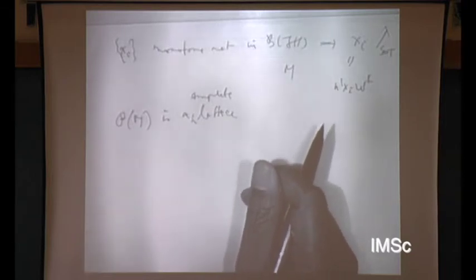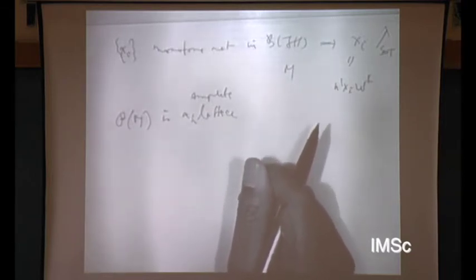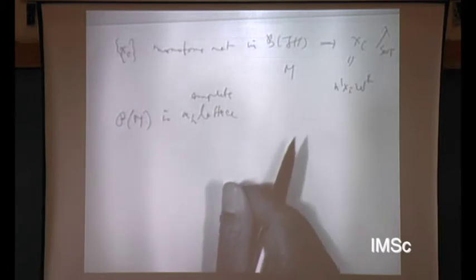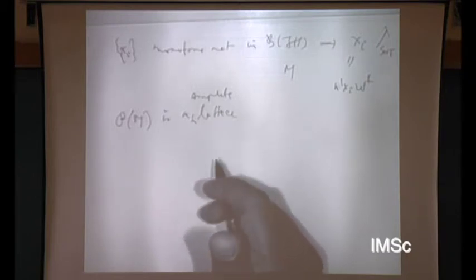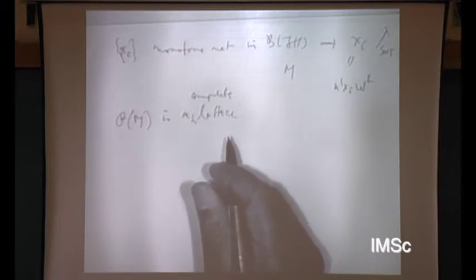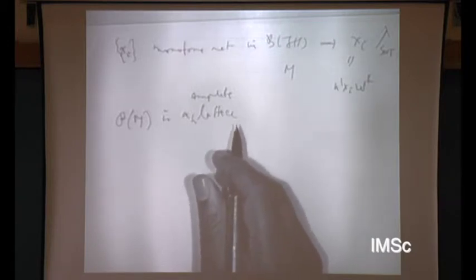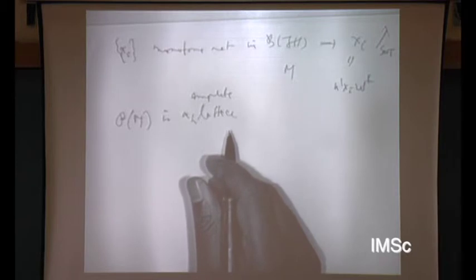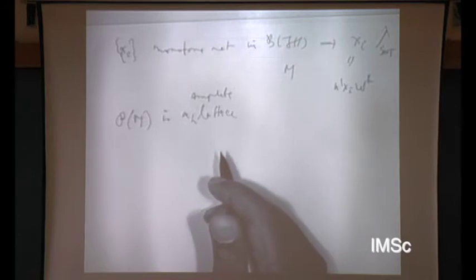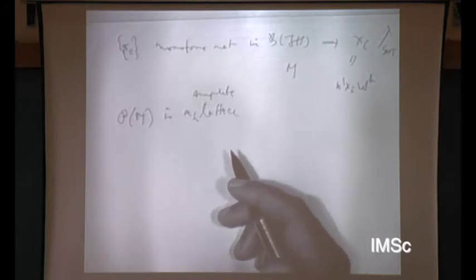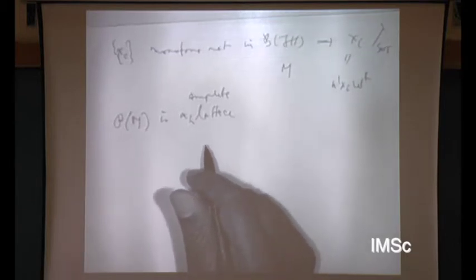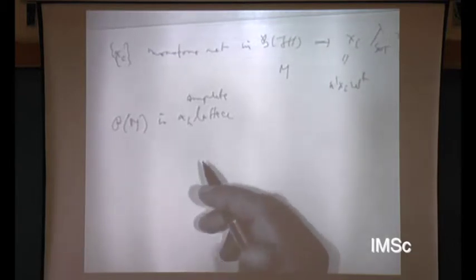Is it clear what I'm trying to do? Exactly the same logic. That means if you have any collection of projections in M, their sup is going to be in M.